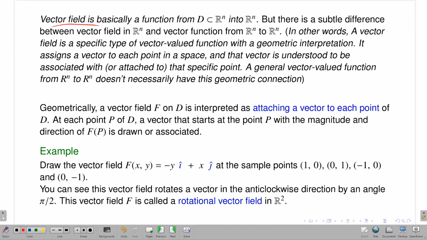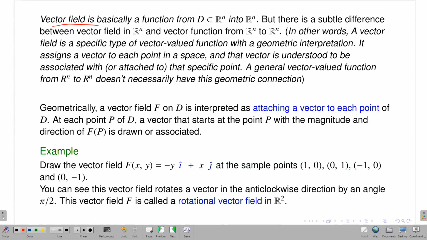So given a point P in the domain D, I am associating a vector f of P at that point P. What is that vector? It starts at the point P and ends at f of P. In other words, I have a function f from the set D, a subset of Rn, to Rn, where P goes to f of P. That is the definition of a vector field.